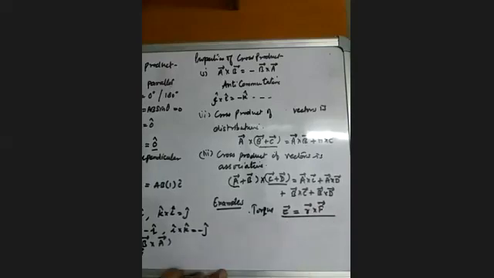So torque is given by the cross product of the position vector of the particle and the force acting on the particle. Another example is angular momentum, which is represented by capital L vector, the cross product of the position vector and the linear momentum vector. So these are two examples of cross product of two vectors. There are many other examples also. Now cross product in Cartesian coordinates.